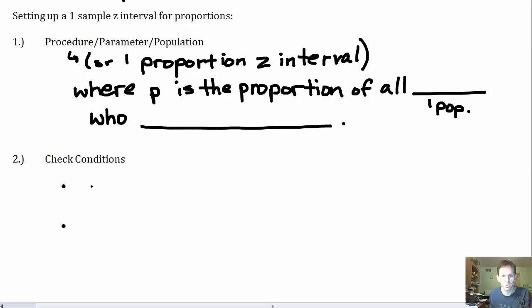Check conditions. Condition 1 is the same condition that we dealt with for the one sample z, one sample t, matched pair t, and two sample t intervals: random sample from the population. Now our other two conditions are a little bit different this time.